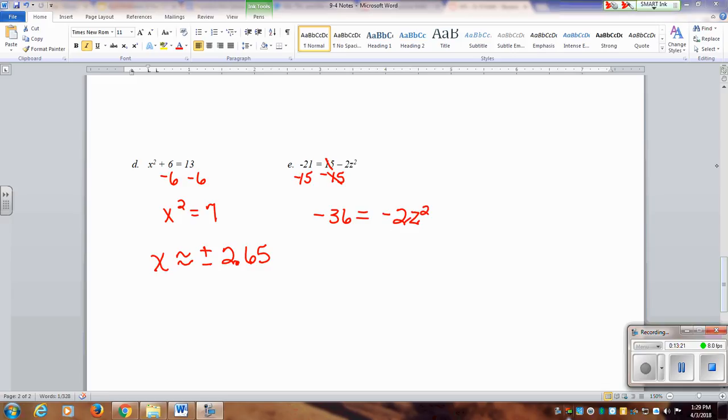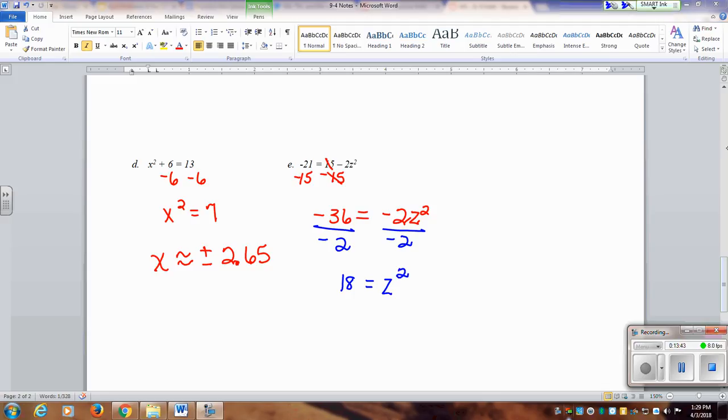Divide both sides by negative 2. Just keep in mind, you guys, when I'm dividing by negative 2, this negative 36 divided by negative 2 becomes a positive 18. So this one does have a solution. So 18 equals z squared.